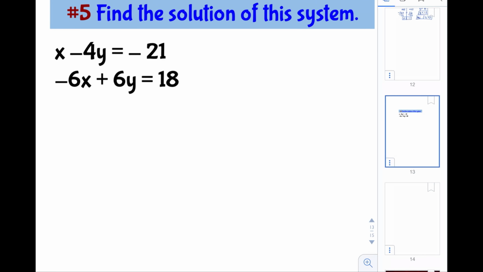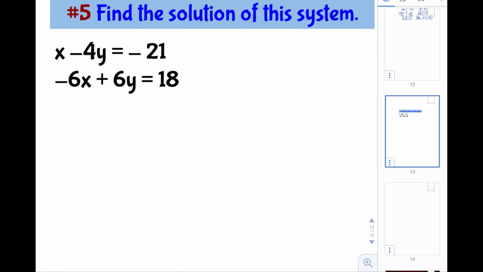And now let's have example number 5. x minus 4y equals negative 21, and negative 6x plus 6y is equal to 18. So in this system of equations, we need to look at the variable with the least coefficient.